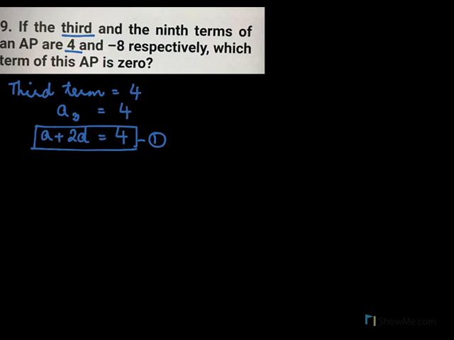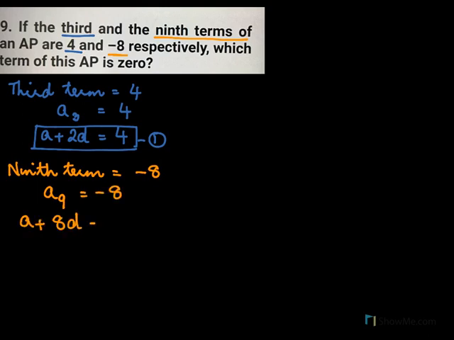Then they say the ninth term of the AP is minus 8. So a9 equal to minus 8. So a plus 8d equal to minus 8. So this becomes my second equation.